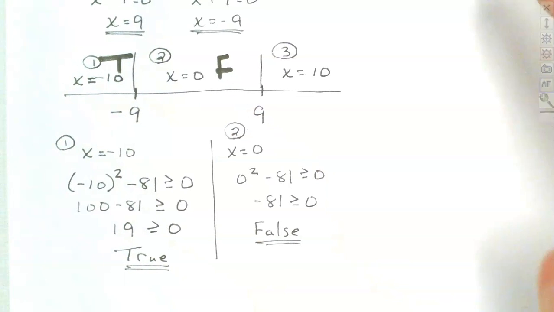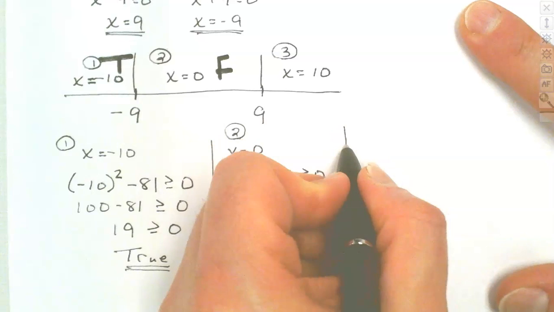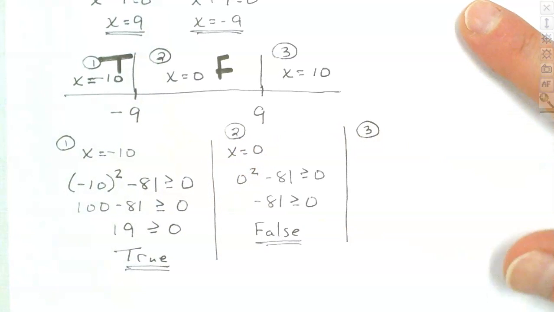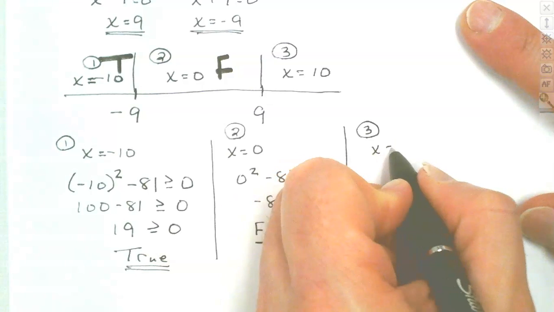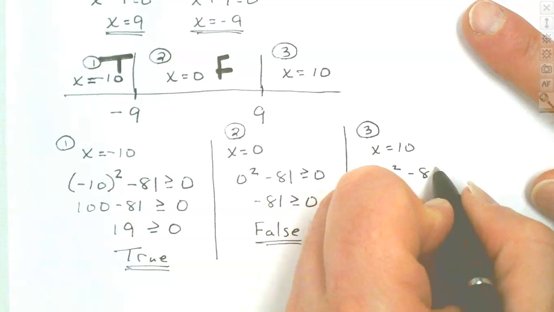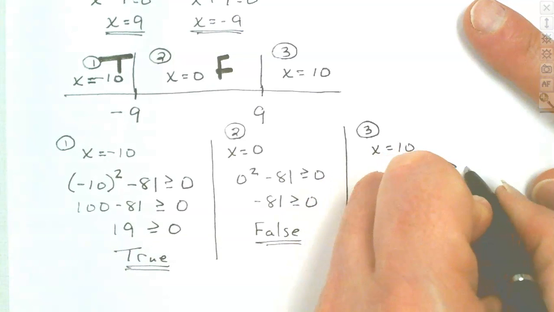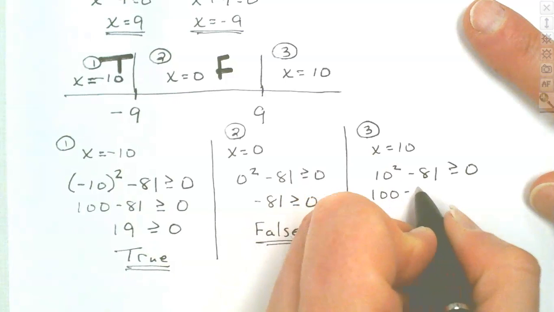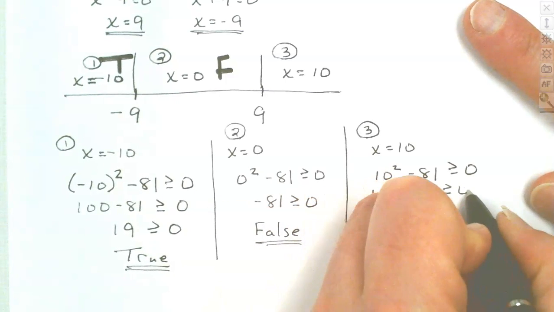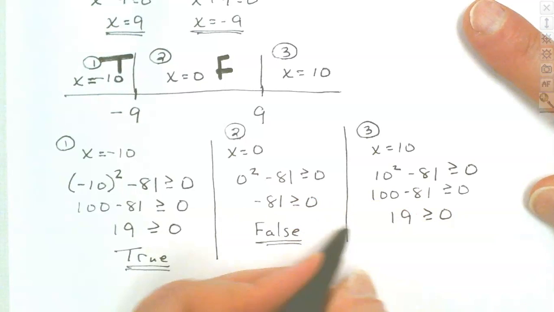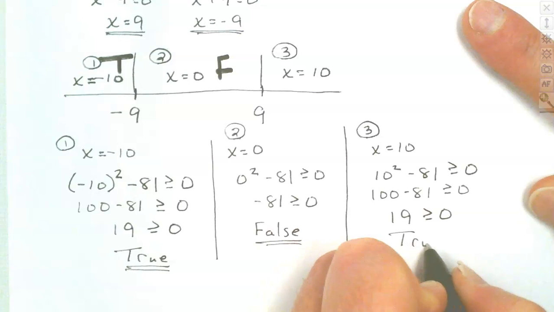And we're now going to check 10, because 10 is in region 3. If I plug in x equals 10, that's 10 squared minus 81 is greater than or equal to 0. So that's 100 minus 81, and that makes it 19. And 19 is bigger than 0, so that makes that third region true.